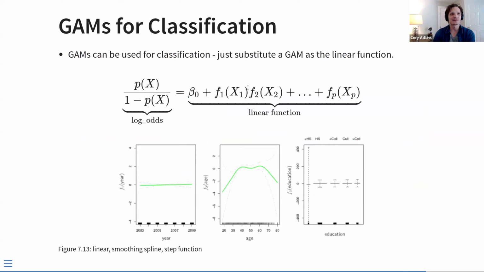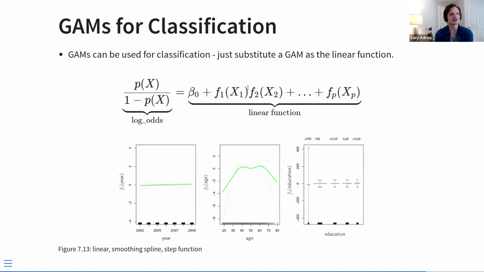The easiest way to represent this is you can set the log odds equal to the linear function, which in this case can be the GAM. These are just the results from that modeling process. I think they must have changed it.